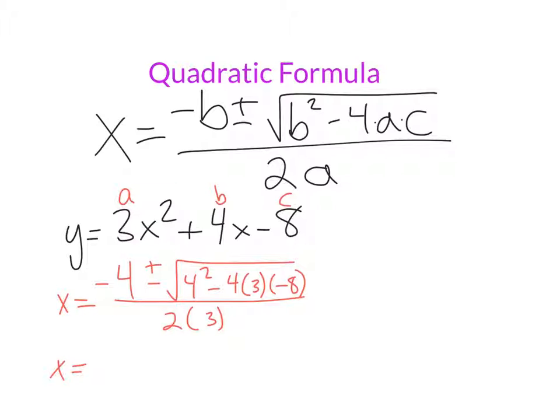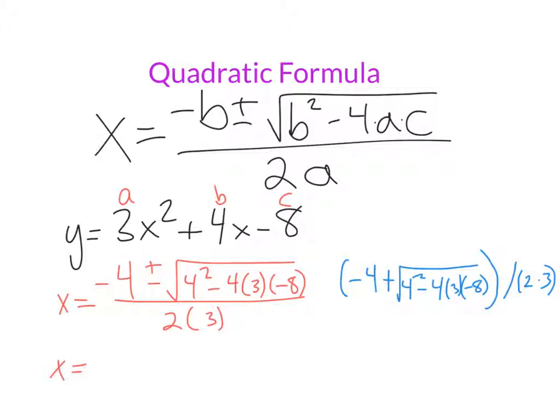Alrighty, so when I plug all this into my calculator, it's going to look something like this. Since I can't show my calculator right now, I will write out how I typed it in. I opened a set of parentheses, -4, then I did plus the square root of 4 squared minus 4 parentheses 3 parentheses -8, close them, then get out of the square root and put another closed parentheses, divided by, then you have to open a set of parentheses to do 2 times 3, close them.